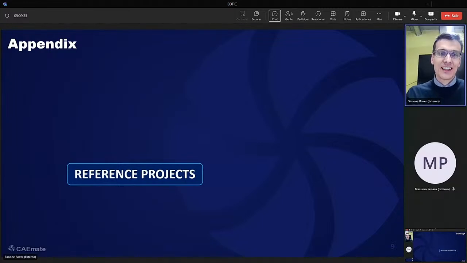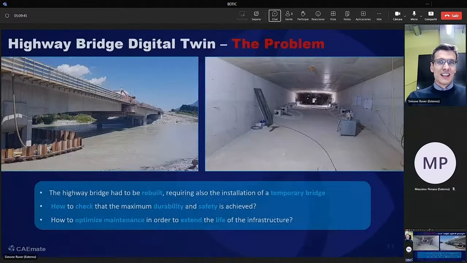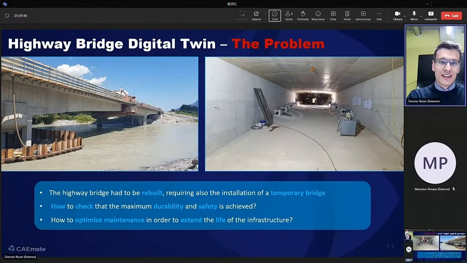For time reasons, I will just focus on one case study, but there are many more. Let me recall this example. This was a case study related to the Austrian Autobahn.